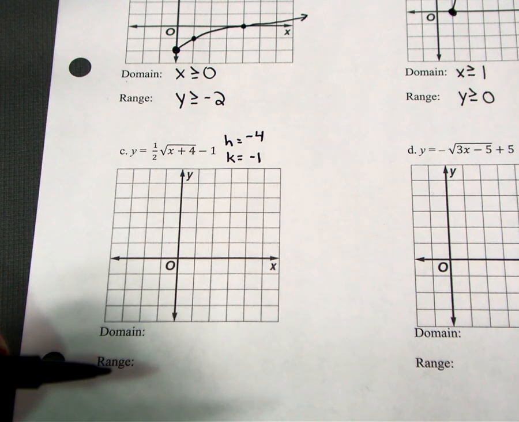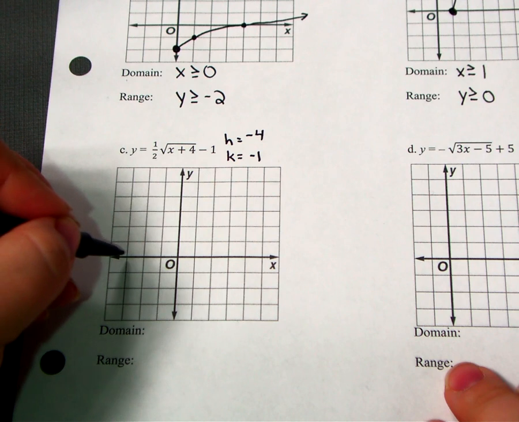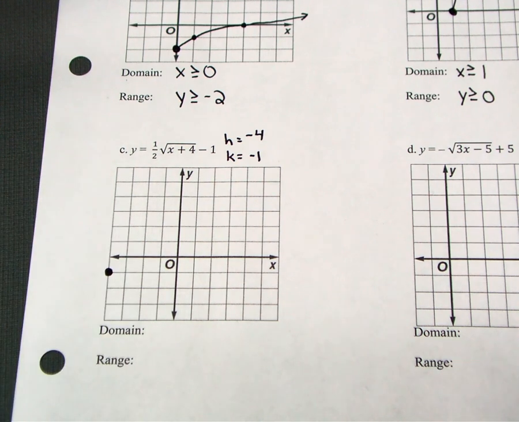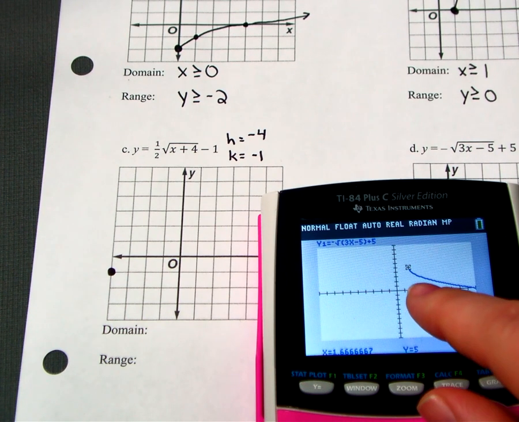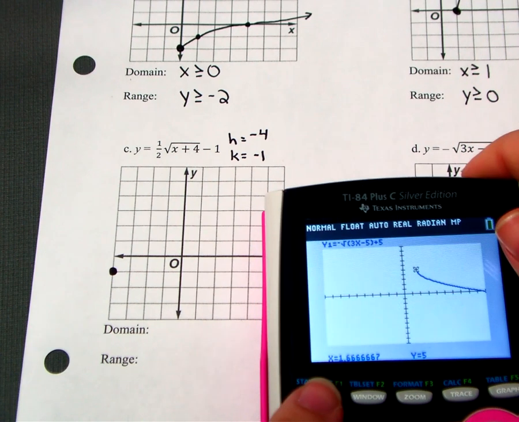Remember, H is always the opposite of what it appears to be. And your HK can always be confirmed by your graph. If you got that your HK was -4, -1, and your graph all of a sudden looked different when you typed it in, either you typed it in wrong or your H and K are wrong. So it can always be confirmed by what you have in your graph.